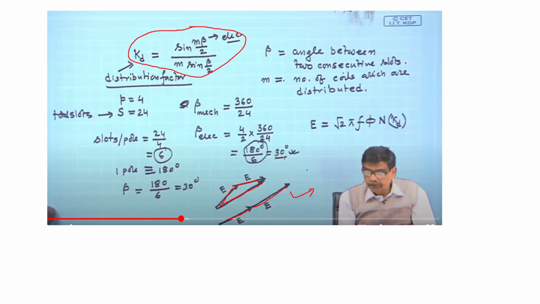So beta, generally, is the angle between two consecutive slots. So how can you find the angle between two consecutive slots?